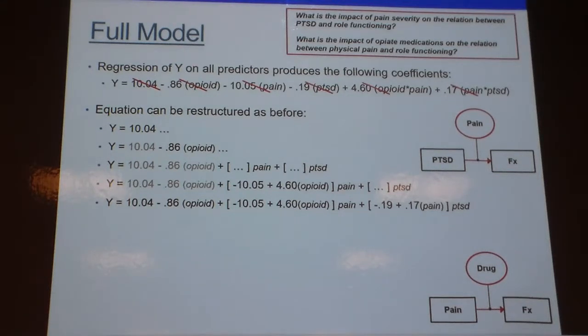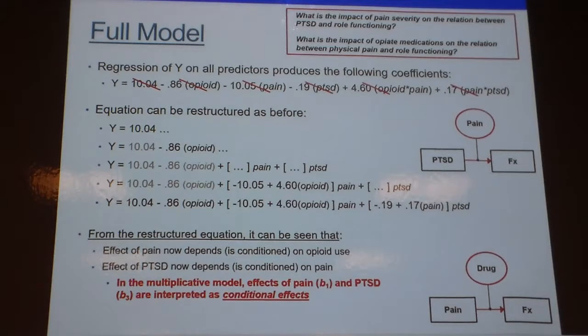And so this is how we can see mathematically what's going on and why these interaction terms allow us to start modeling change in the relation between two variables based on some level of the third variable, okay? So again, we can see that pain is now conditioned or dependent on opiate use. PTSD is dependent or conditioned on pain.